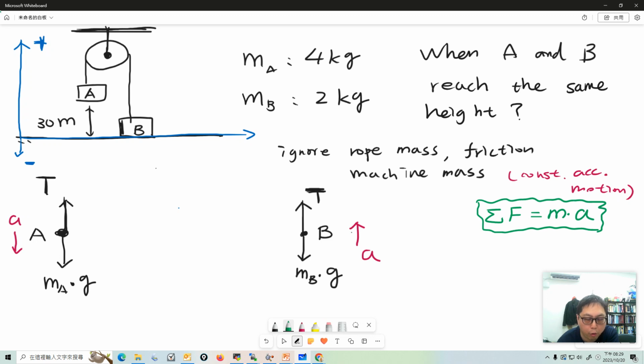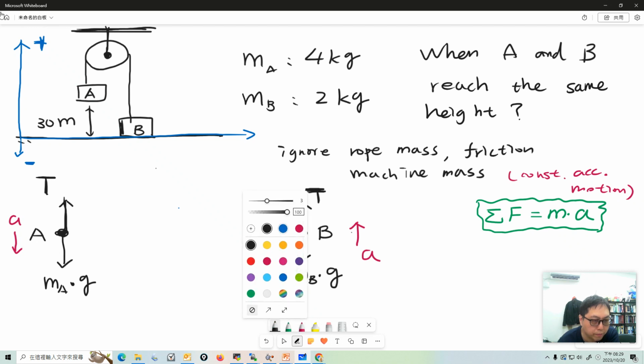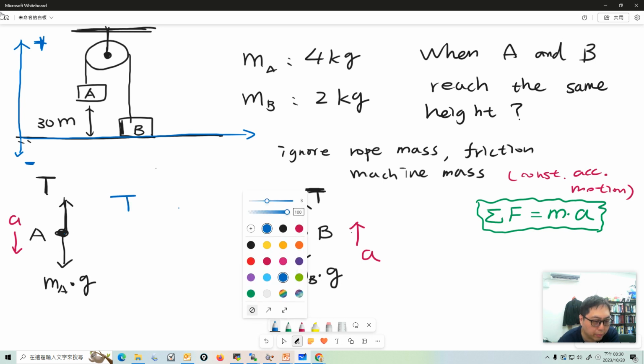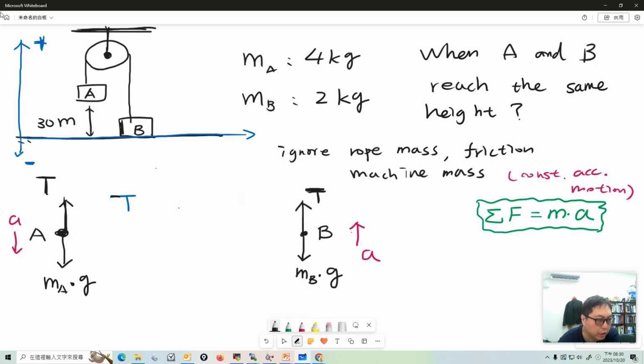The vector sum, the net force on A, is: T is pointing up, so it's positive, and m_A g, the weight of A, points down, so it's minus m_A g. This equals the mass of A times its acceleration.